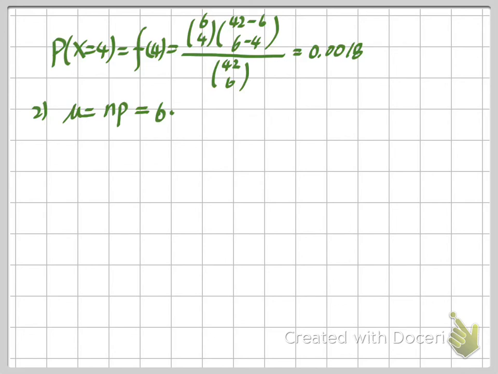And p is in total how many successes there are in our population, or in our capital N objects. So here it is 6/42. This 6 is for each player, and this 6 is for the organizers. I hope you can see the difference between these two.